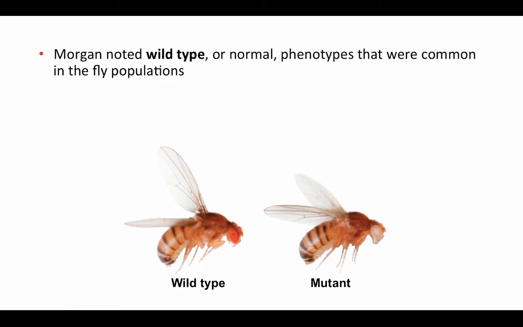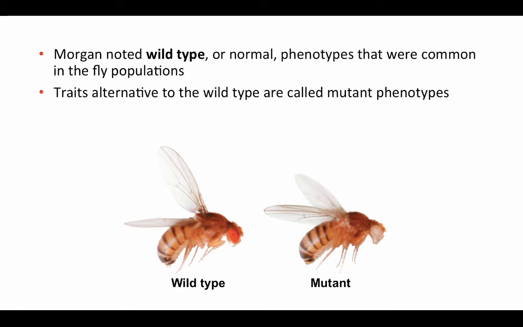Morgan noticed that there were wild type or normal phenotypes that were very common in the fly populations. He painstakingly bred populations of fruit flies generation after generation, looking for some kind of variation away from these wild type features. Eventually he found one, and that was the white eye trait.